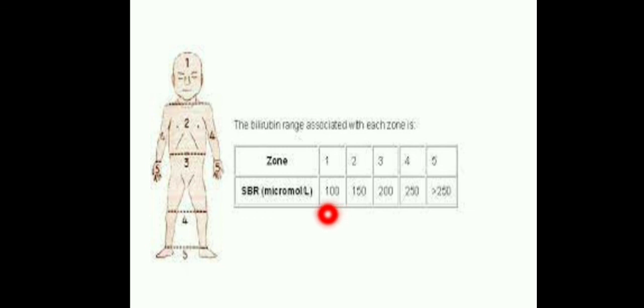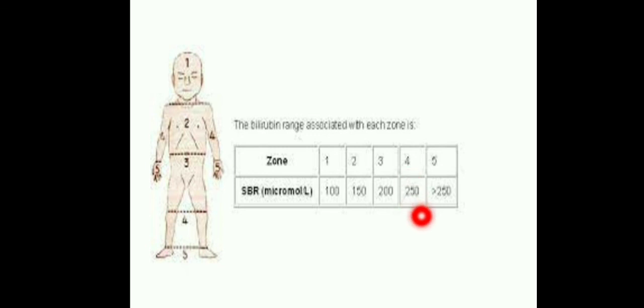If the baby has zones 1 and 2, the serum bilirubin level is 150 micromoles per liter. If the baby has the third zone involved, the serum bilirubin level is 200. If the child has the fourth zone also involved, the serum bilirubin level is 250 micromoles per liter.